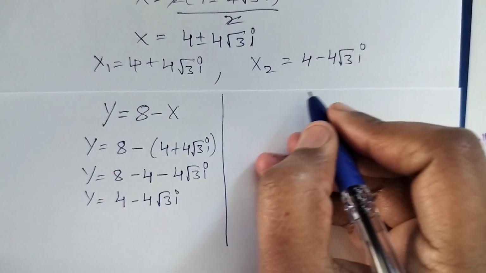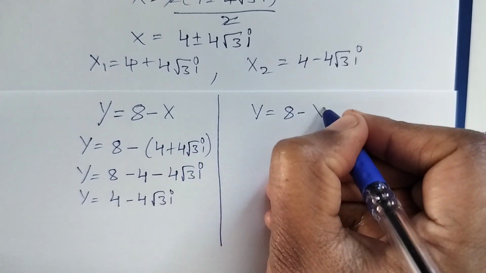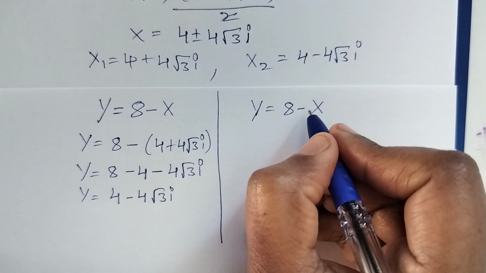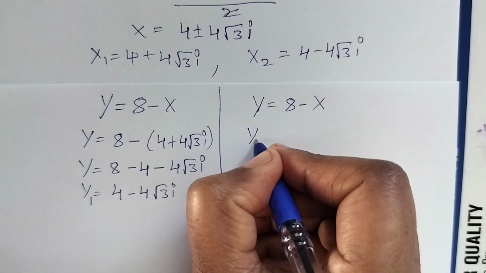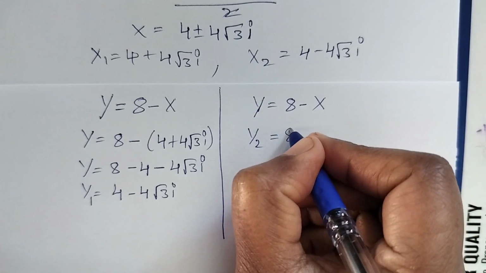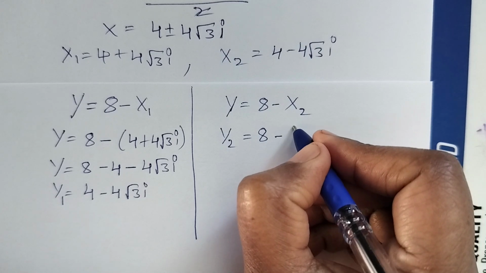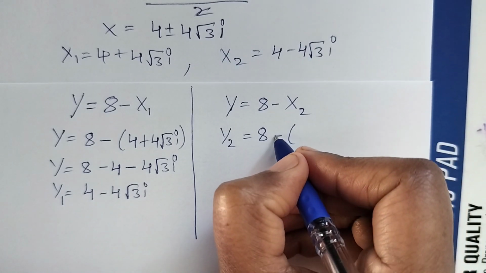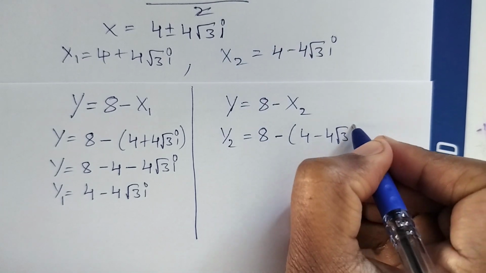Coming to this equation, y is equal to 8 minus x. Just substitute the value of x in this equation. This is y1 and this is y2. So y1 is 8 minus (4 plus 4 square root of 3i), which is 4 minus 4 square root of 3i.